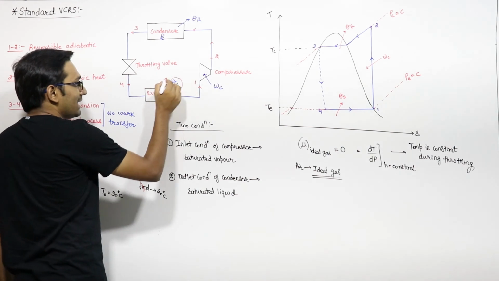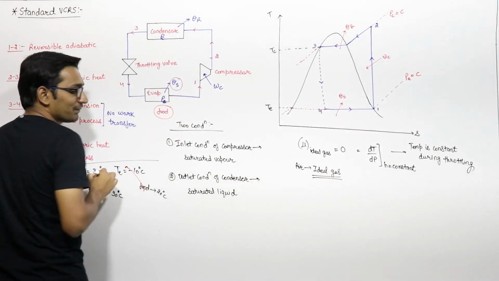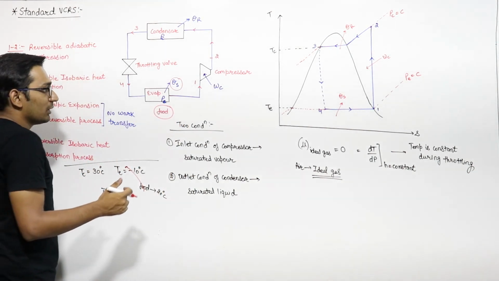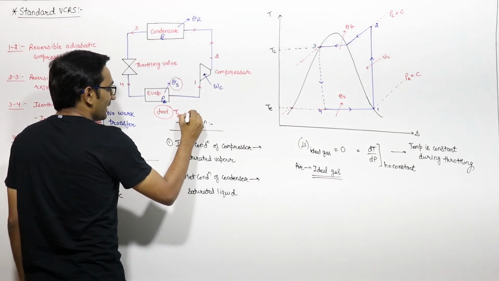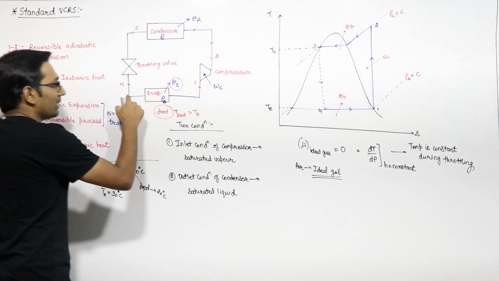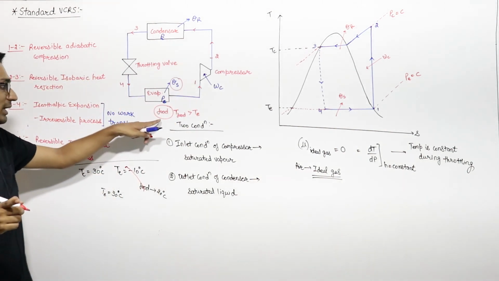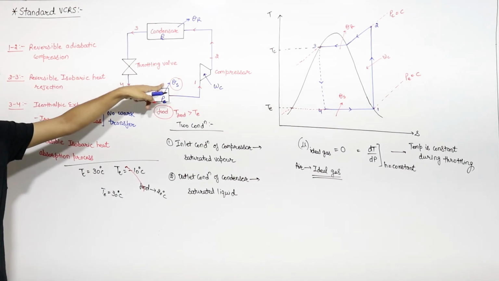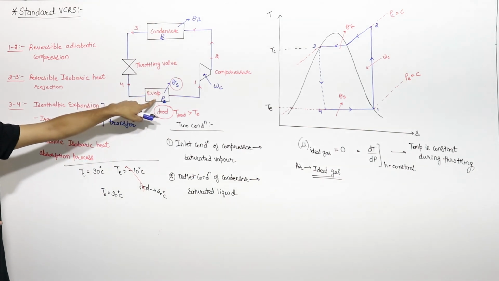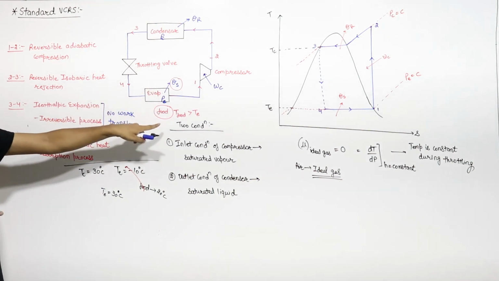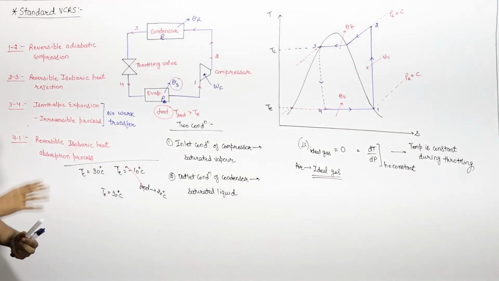From where is this heat coming? This is coming from the food present in the refrigerator, or some item which you want to cool down. So the temperature of this food will be greater than the temperature of the evaporator, or the refrigerant flowing in the evaporator. Then only is heat going from this food to this evaporator, right? Because heat flows from higher temperature to lower temperature, then only will this heat be supplied to this refrigerant.